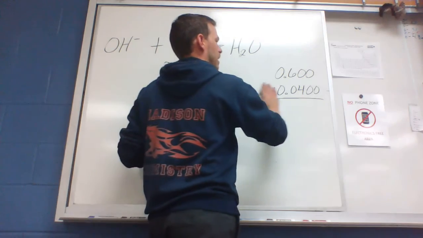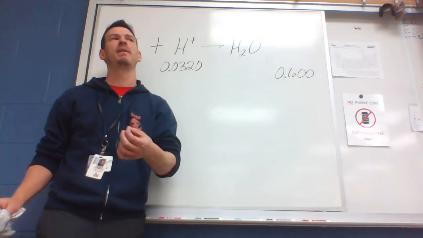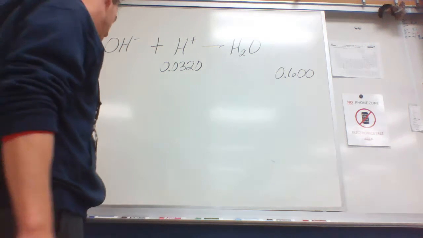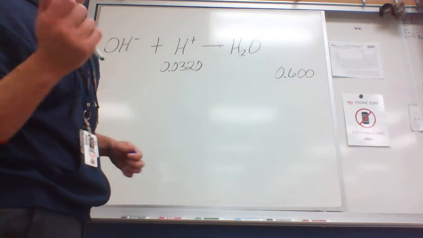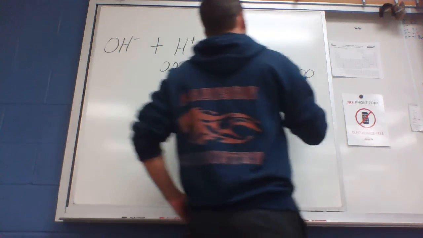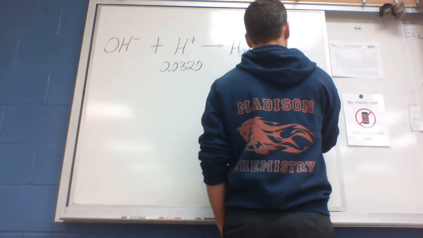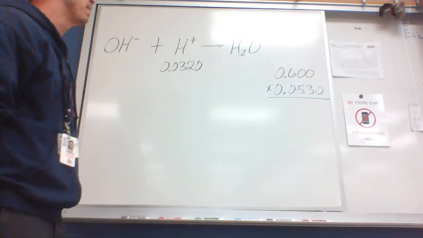The 0.6. Remember, that 0.6 is the molarity of the base that's being added, and it won't change either. I'm just trying to get as much of that in your brain as I can. How much is my intruder this time? 53 mils. So we want to multiply it by 0.053 to get my new mole count.